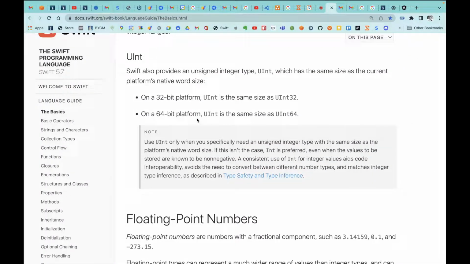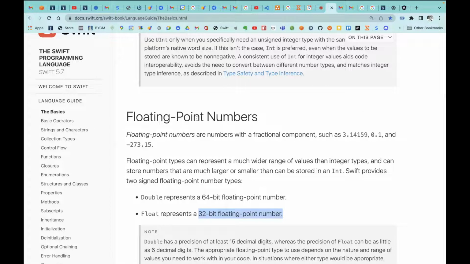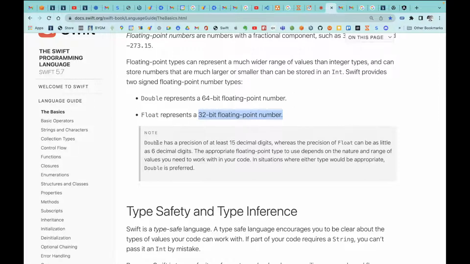So now the question that I had is, how many digits after the dot, if that makes sense? Or decimal digits, I wanted to say that. How many decimal digits can it take? I think we have an answer here. Double has a precision of at least 15 decimal digits.